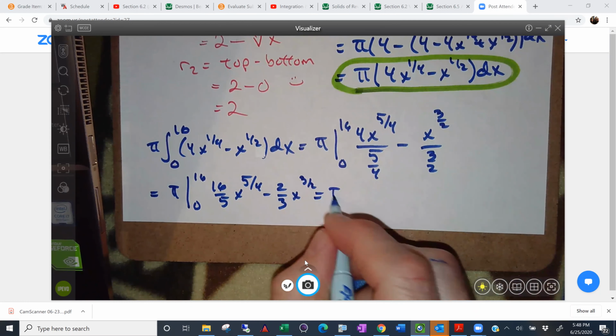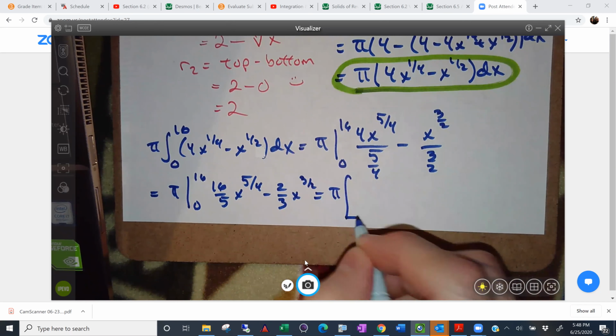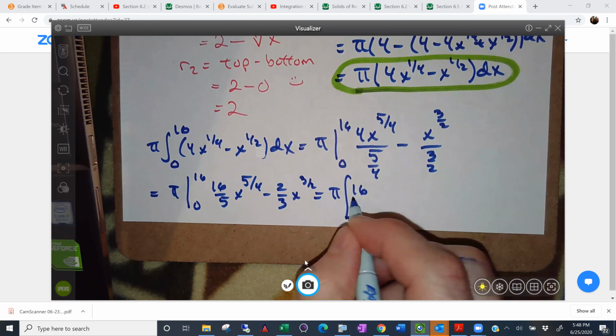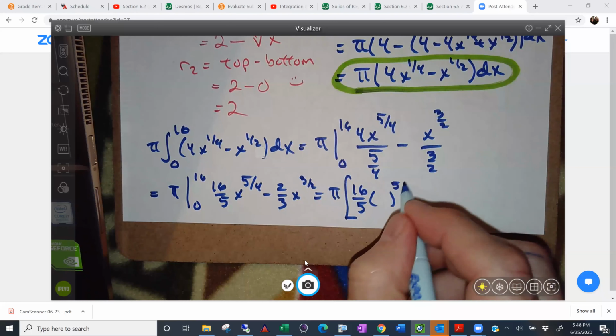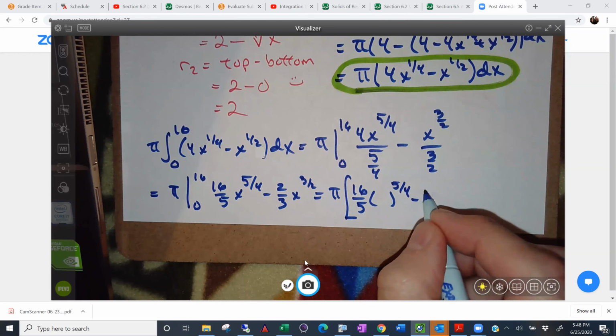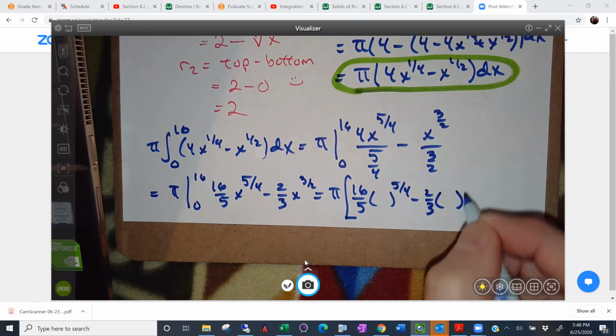All right, let's get around to putting in some numbers here. It's going to be 16 over 5 times 16 to the 5/4 power minus 2/3 times 16 to the 3/2 power.